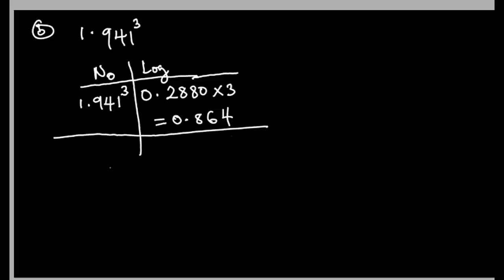So next thing is to find the anti-log of this number, the anti-log of 0.864, using the anti-log table.